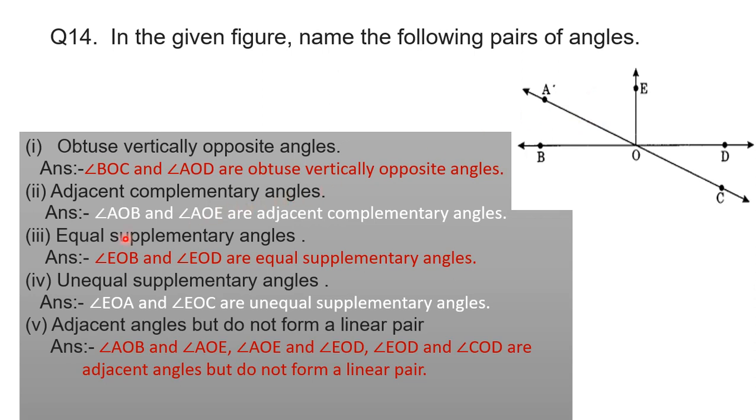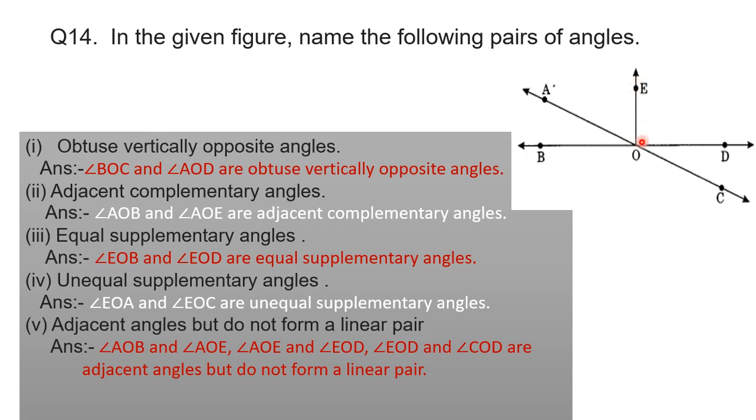Now the third question is equal supplementary angles. So let's talk about angle EOB. This is the 90 degree angle, as we can observe from the figure. So in this figure BD is a line and OE is perpendicular on it.